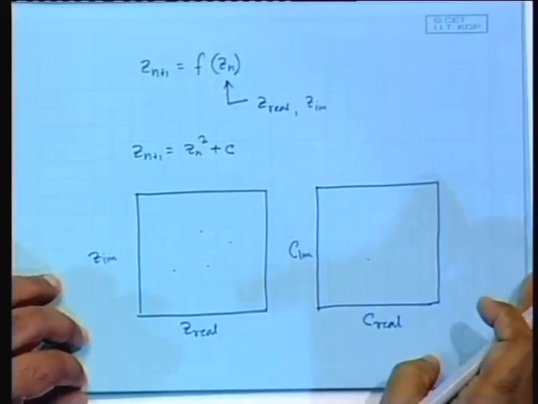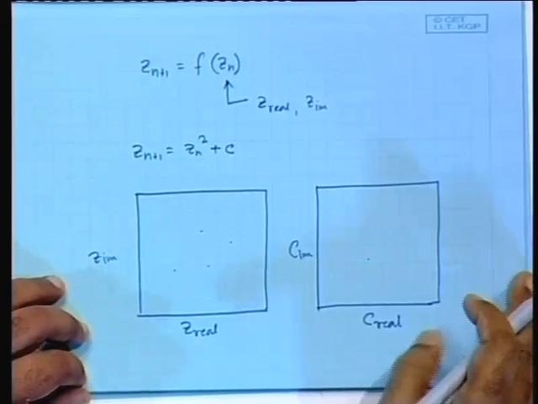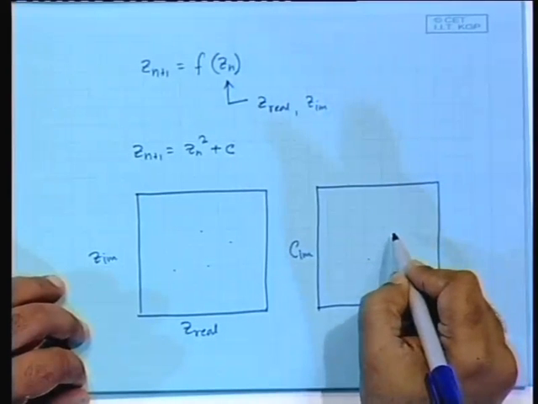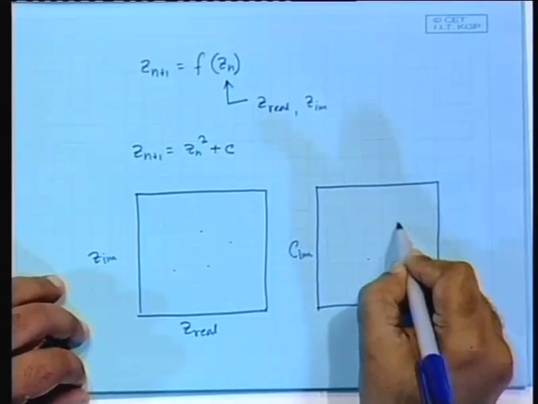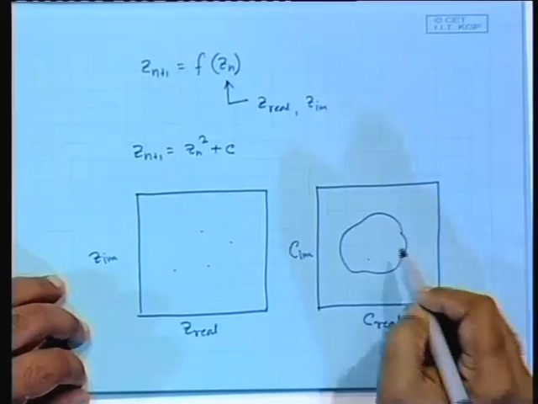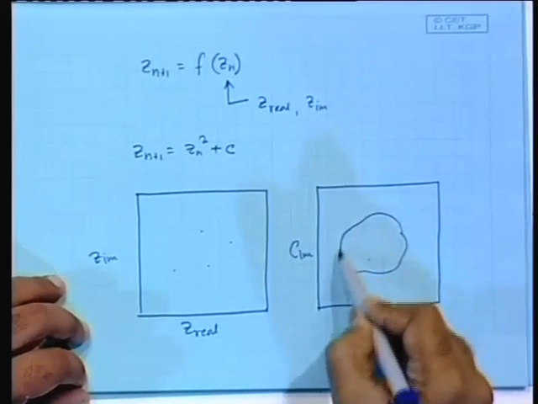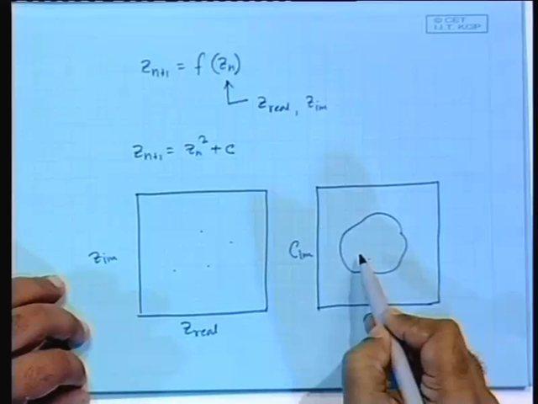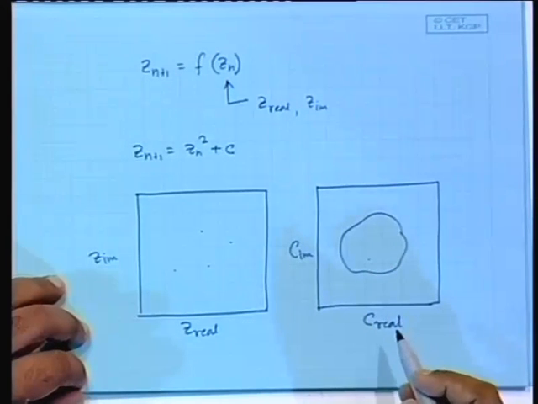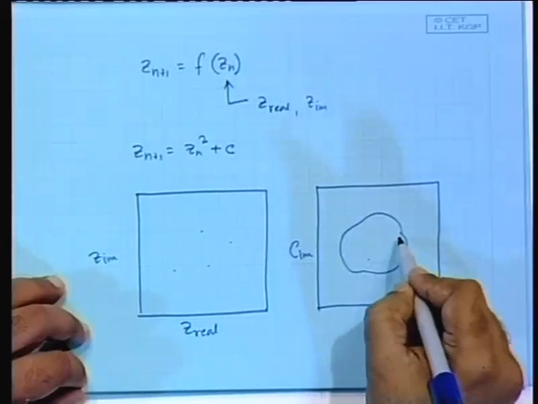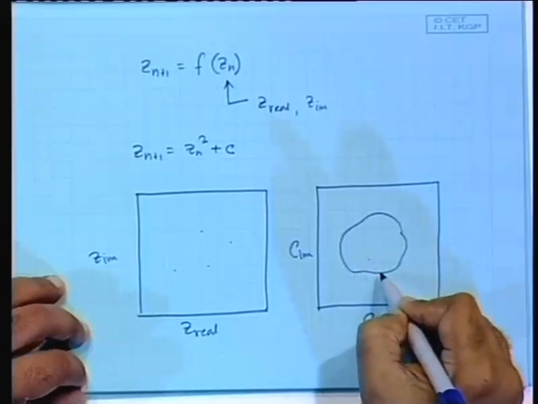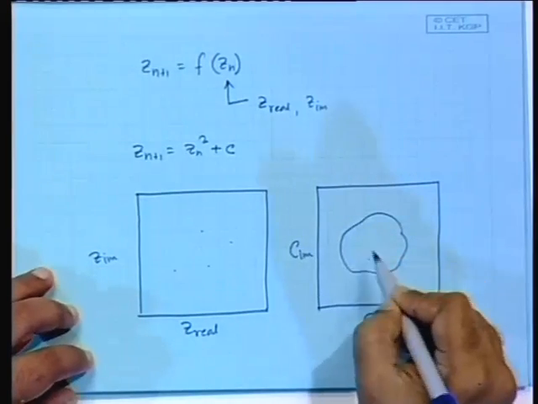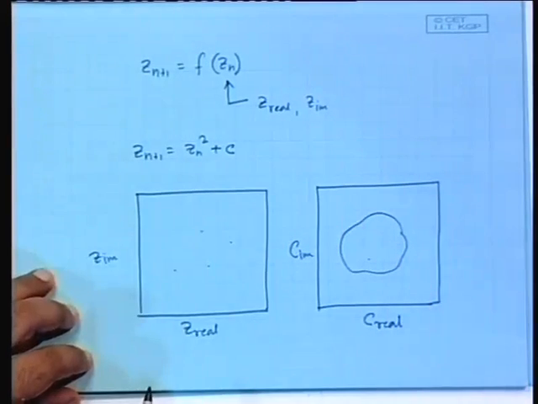So if you now say that I will construct the set, that means a set of points in this parameter space C, such that if we take the C within this set, then the system will remain bounded.